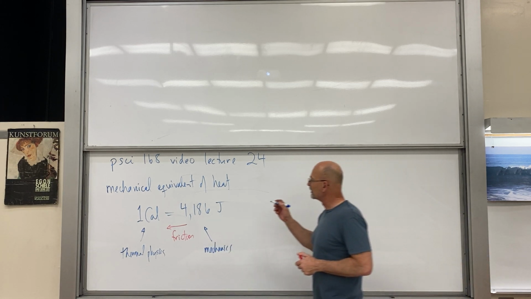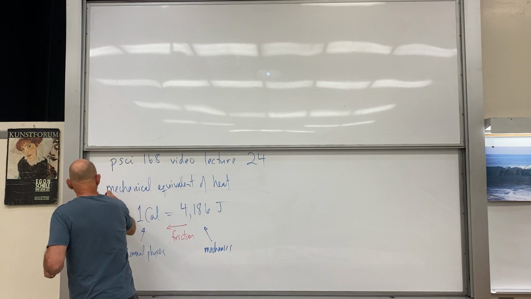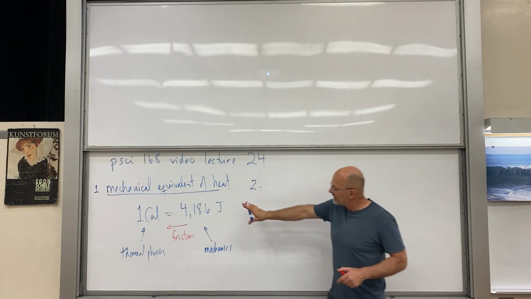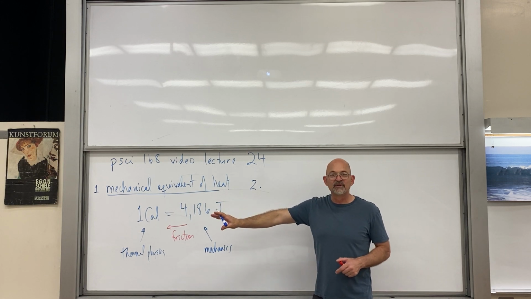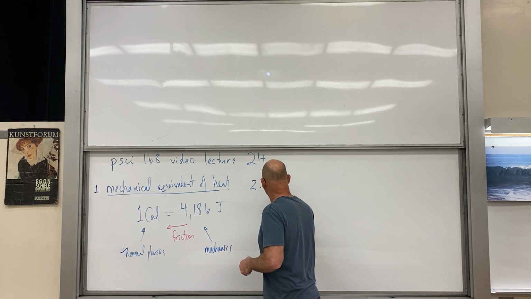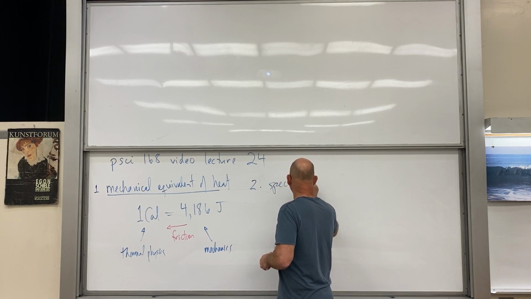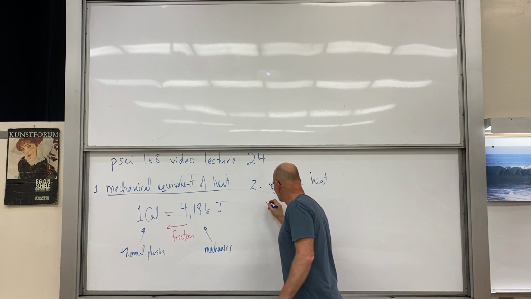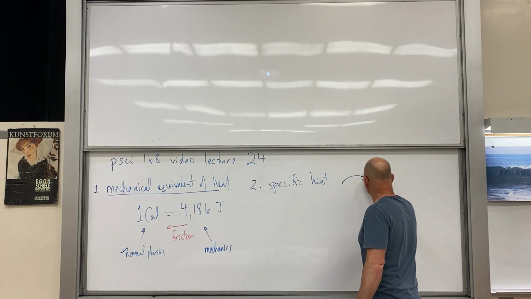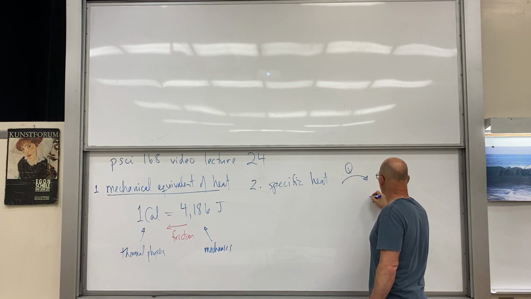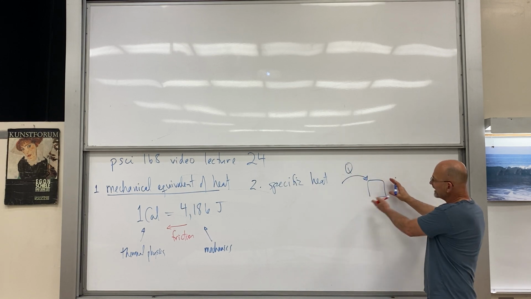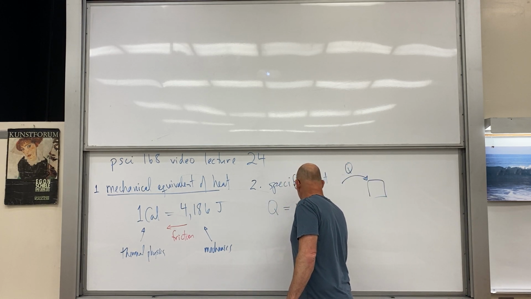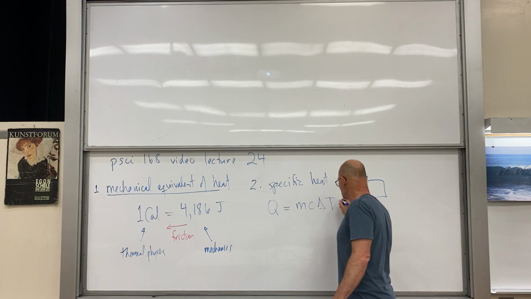So that was the first thing. Then once we had this, we could discuss the specific heat capacity. Specific heat, and let's just go ahead and write this. Where's our cartoon? Q refers to thermal energy, and we're just applying it to something, and it causes the temperature to change.